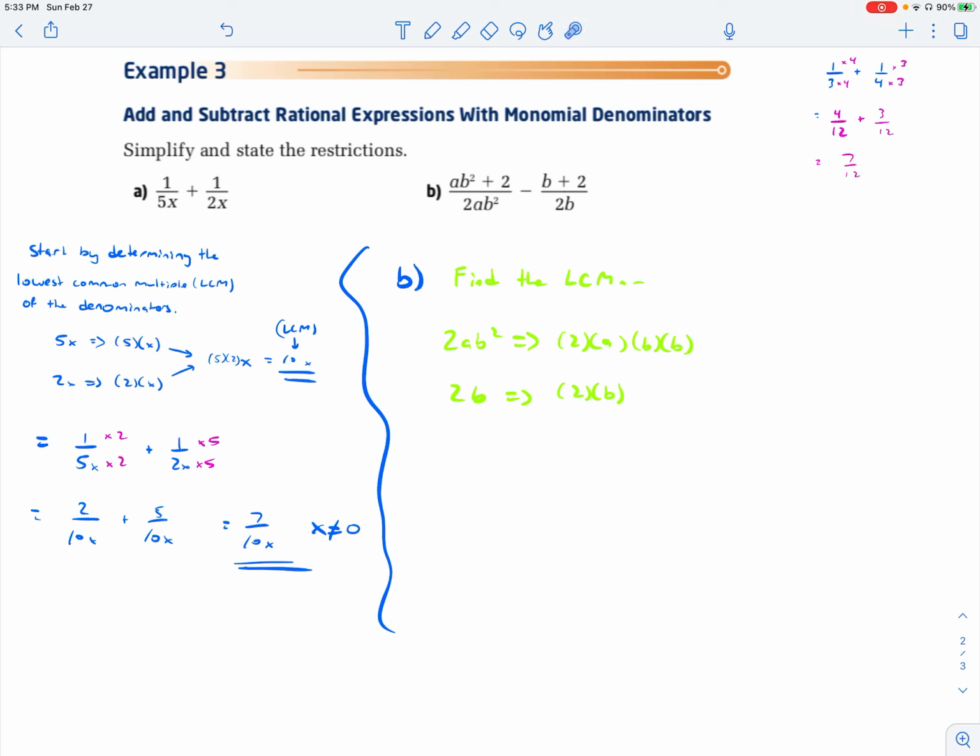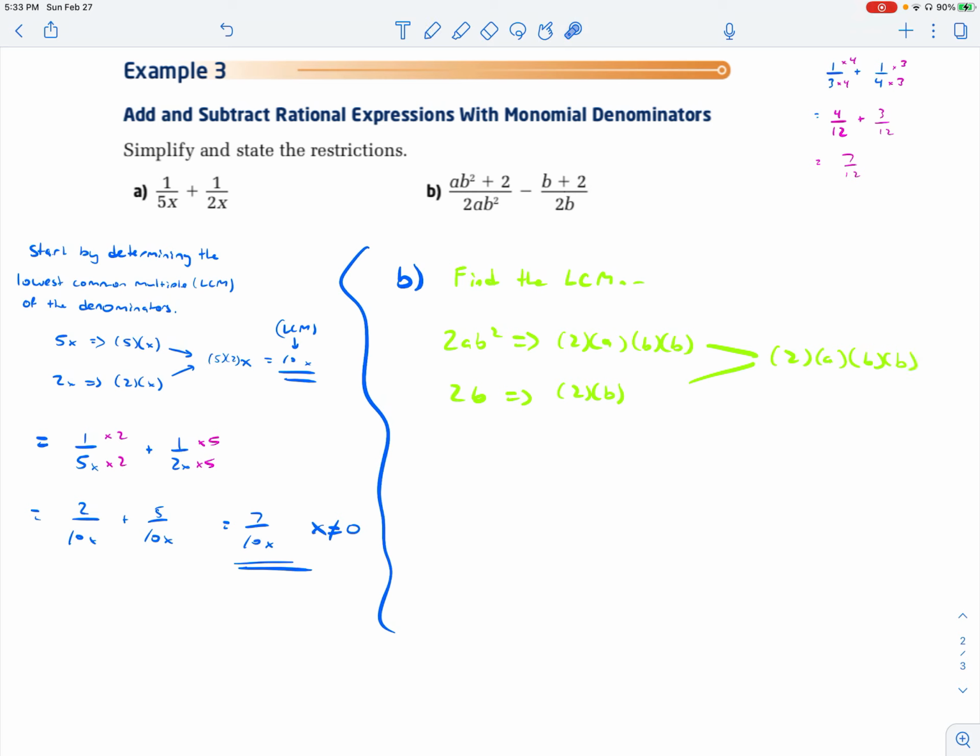So we can already see we have some common factors in here. So it's going to make this easy to get the common multiple. I have a 2b here, and I have a 2 there and a b there. All I'm going to need is another a and b to get a common multiple. So together, we should have a 2 times an a, and then times 2 b's.